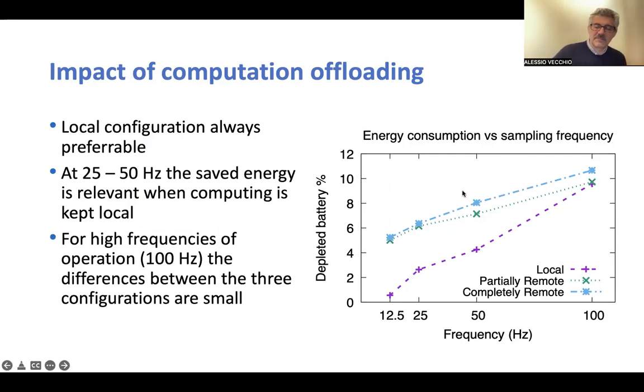So the best range of frequency is the one going from 25-50 Hertz. And in this range of frequencies, the local configuration is the best one in terms of energy consumption.